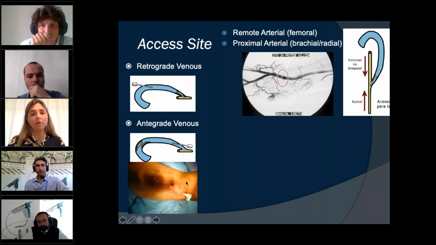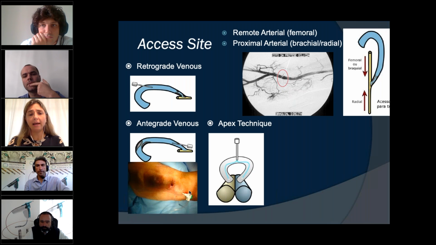So this is an example of a superficialized basilic vein fistula, where you have a puncture as close as possible to the arterial anastomosis, and you get access to almost all the venous outflow.